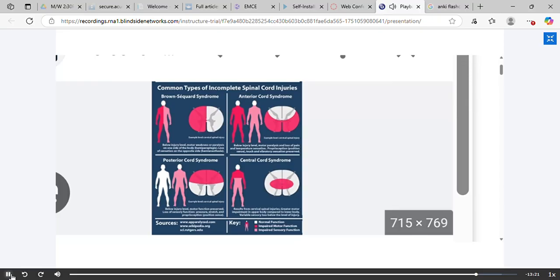Can you wiggle your toes? If you have any of this, it keys you in on why they can't move their arms but can move their legs, or why they can't move but can feel me touching them.